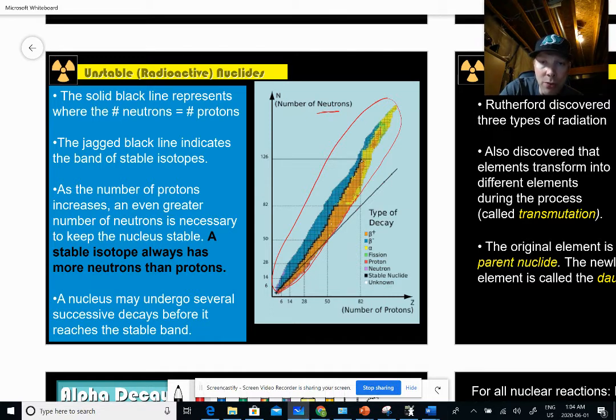If you're above that line a little bit over here, then you're going to have a different type of radiation: beta negative or beta positive decay, or alpha decay when you're in here as well. And I think that's all that you really need to know in terms of this.